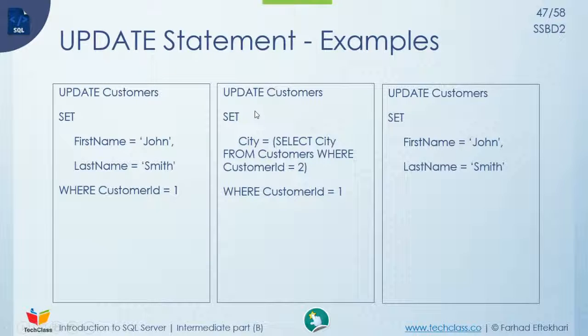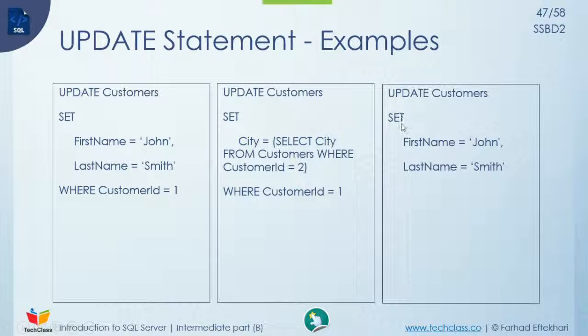And in this example also, as you can see here, we're combining the select and update queries together. So we are updating the customers table and we are setting the value of city to the exact value of the city of customer ID 2. So this select statement goes and gets the value of city from customer ID 2 and sets customer ID number 1's city to that value.